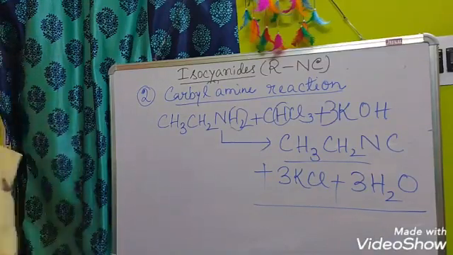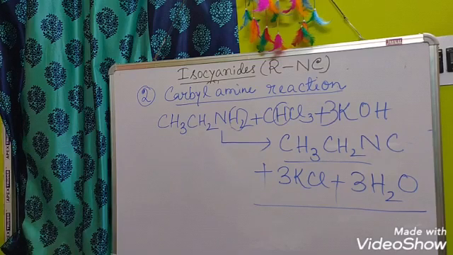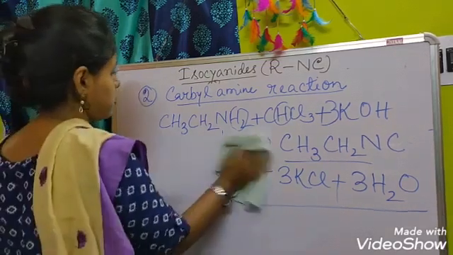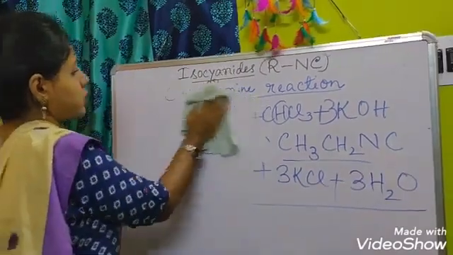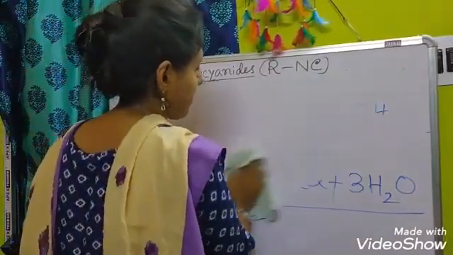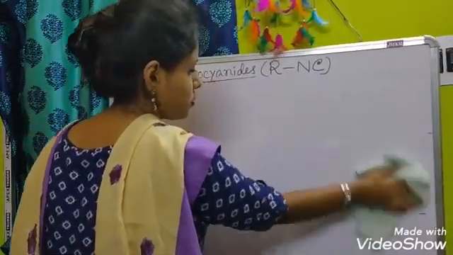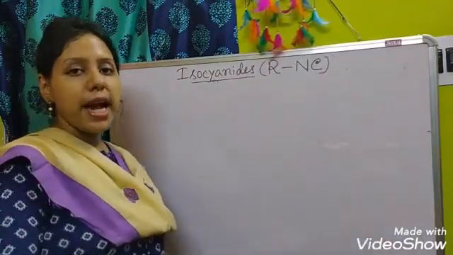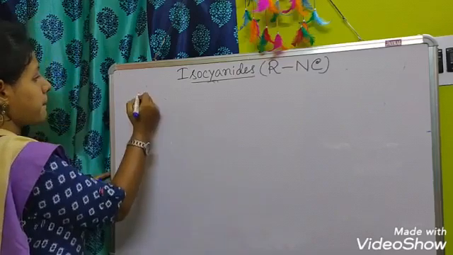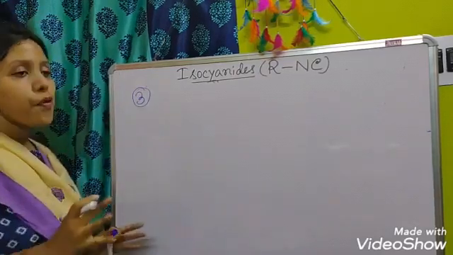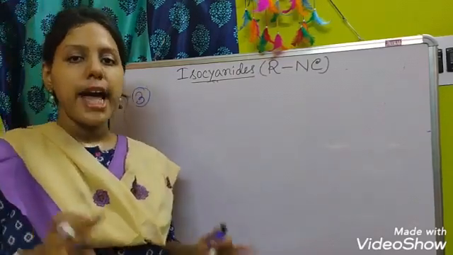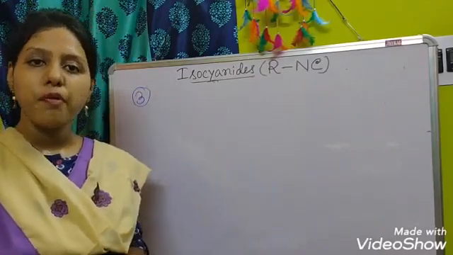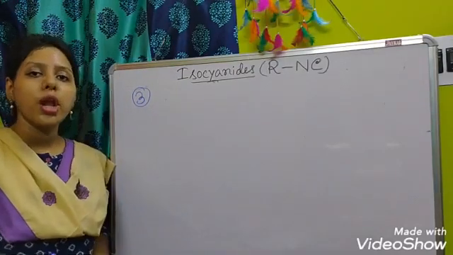Okay, now the next one, number 3. That will be the preparation from N-alkyl formamide. First of all, formamide means the amide that is obtained from formic acid. What is the formula of formic acid?